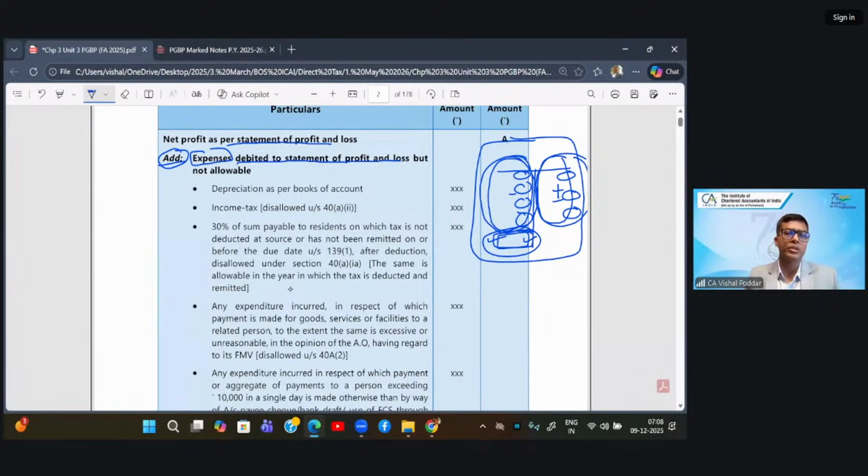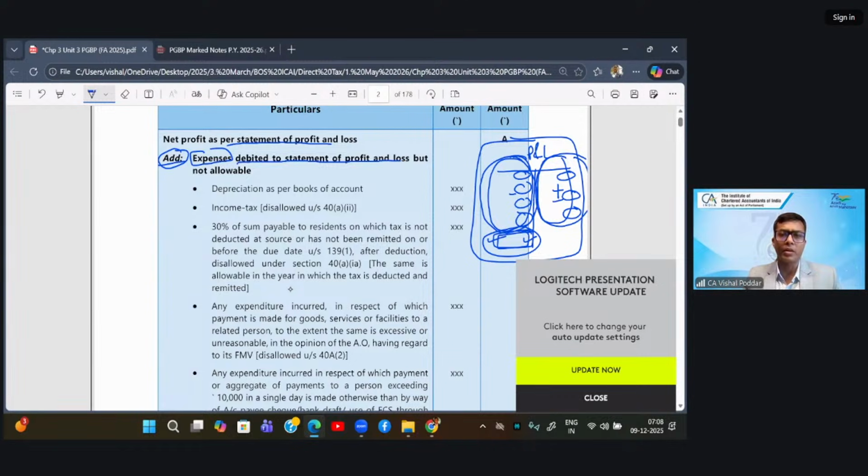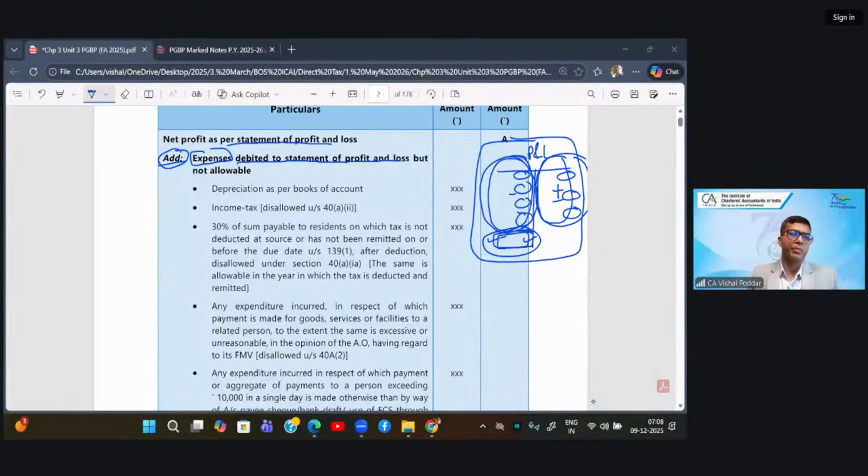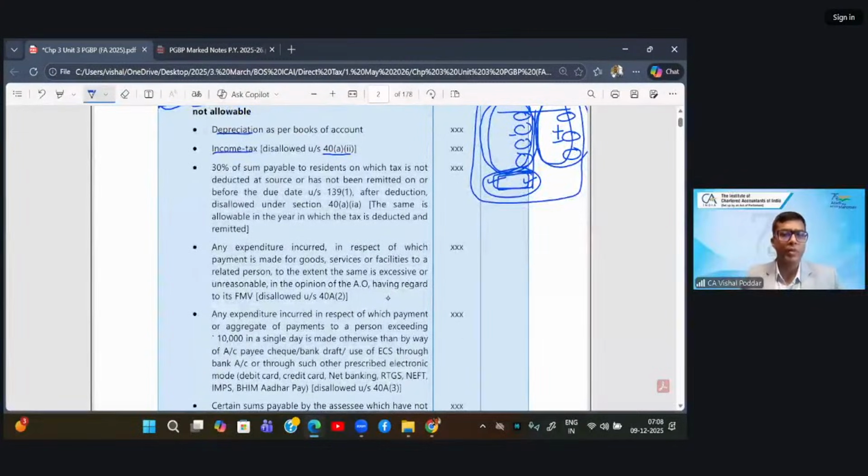Now, if anything which is already part of this P&L and not part of PGBP, what you are going to do is this. So what do you add back? Depreciation, which is part of P&L debit. Income tax, because we have seen that under section 40 clause A, income tax is disallowed. Then wherever you are making any expenses which is paid to residents and in India, on which either TDS is not deducted or after deduction is not deposited.